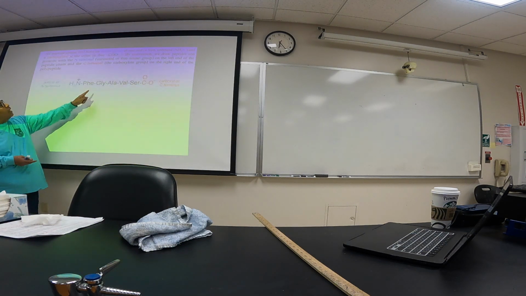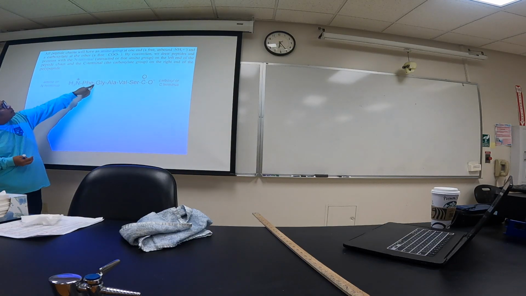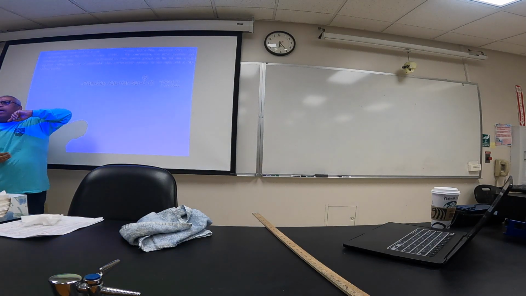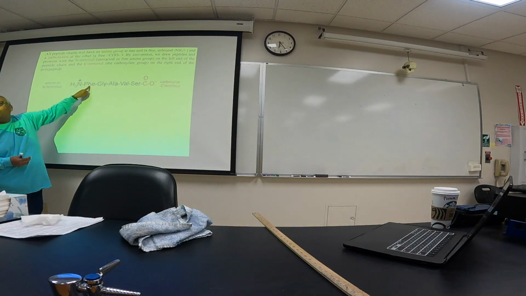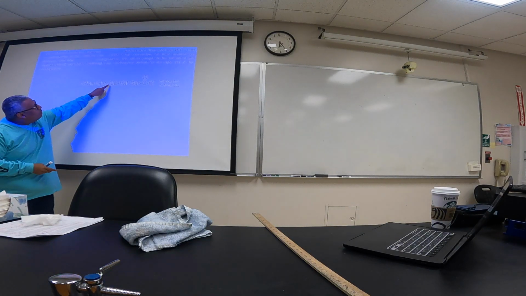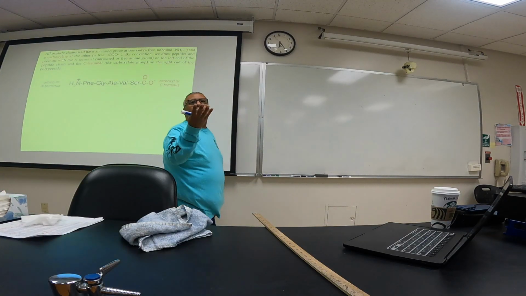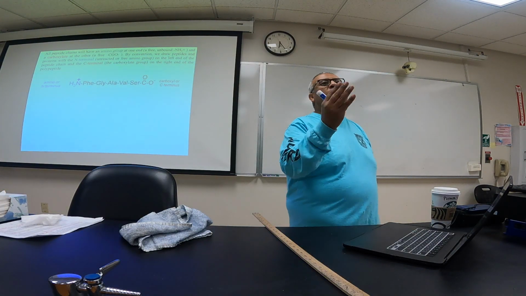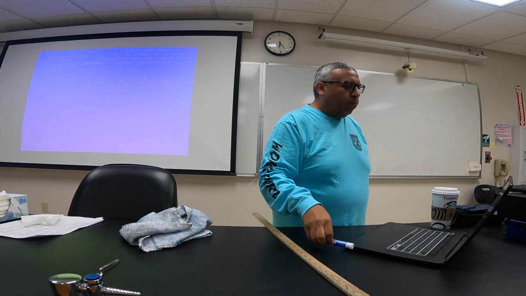And the bond between these, Kayla, what's the name of this particular bond? Peptide bond, right? So here's our peptide bond between them, and these amino acids make up our pentapeptide, which is still a protein. It's just a very small one.